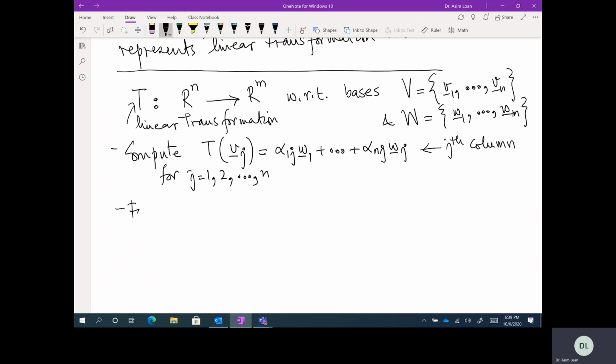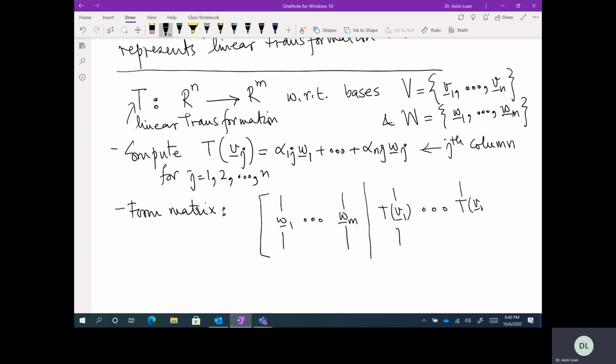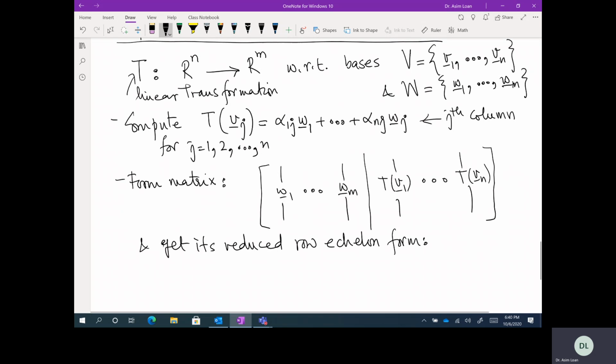Then form the matrix with W1 up to Wn on one side and TV1 up to TVn on the other, and get its reduced row echelon form.